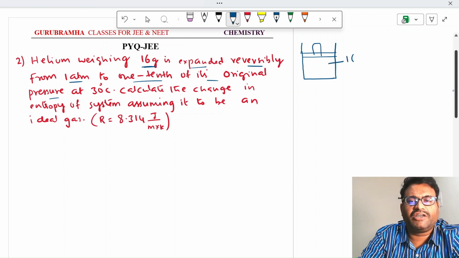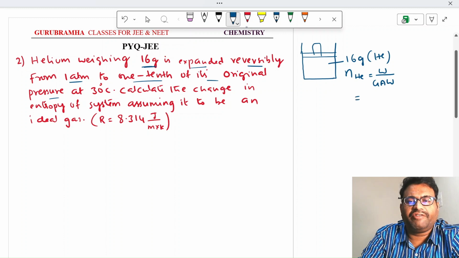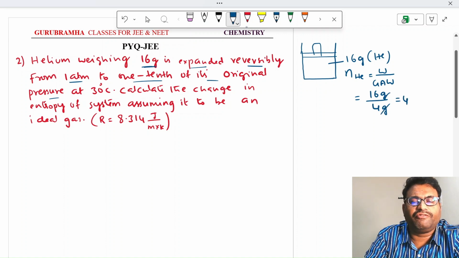How much it is there? 16 grams of helium. So number of moles of helium will be weight divided by molecular weight, or here it is only an element, so you can write gram atomic weight. Here weight is given 16 grams, helium gram atomic weight is 4 grams. So number of moles will be 4.